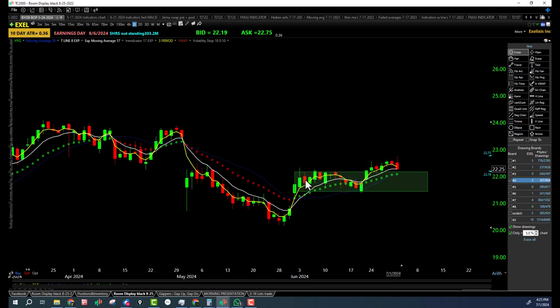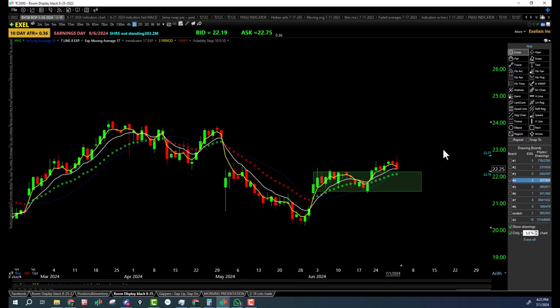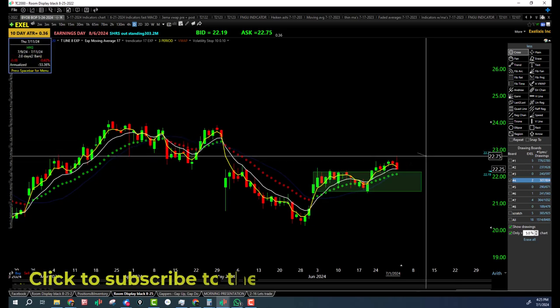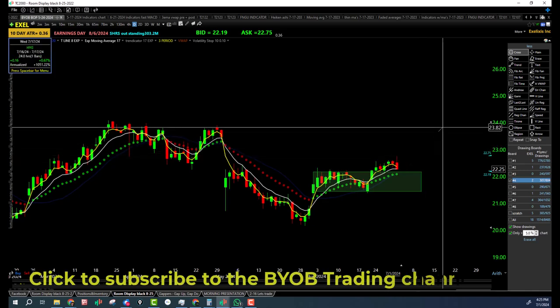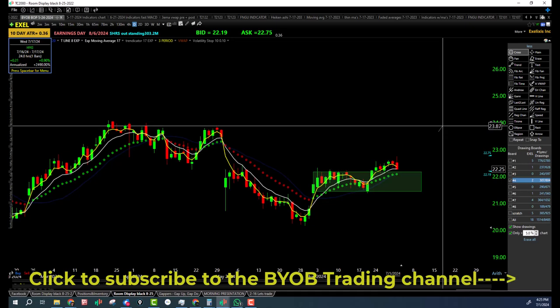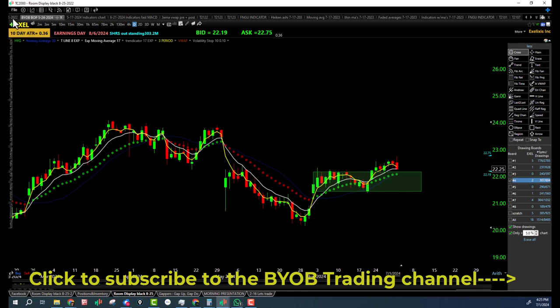I think he's waiting on a trial verdict for EXEL. I picture EXEL filling the gap right through here and challenging these two highs right up here. This resistance right here at 23.86. All right, so EXEL. Couldn't find any good options to play on this one.